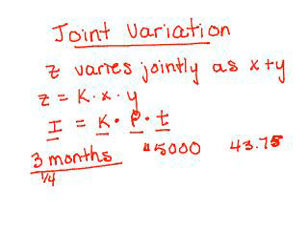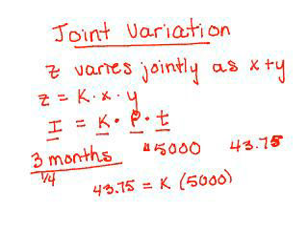So the amount of interest was $43.75. That's the I value. We're trying to figure out what the multiplier is here, what the constant is. The principal is 5,000, and the time is 1/4. If you solve that with your calculator, you will find that the constant is equal to 0.035.